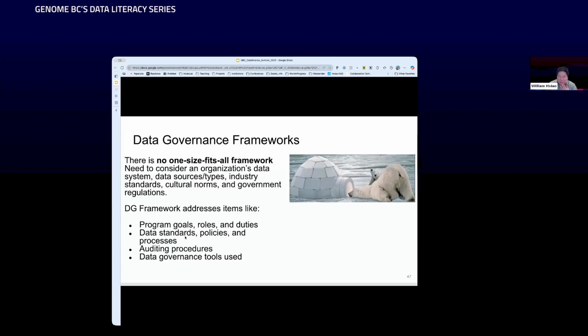So we know that there is really no one-size-fits-all framework for data governance, and data governance needs to consider organizations' own needs. Data frameworks need to be put in place to address things like the use of data in supporting program goals, the data standards used, policy, and the process used in the organization.